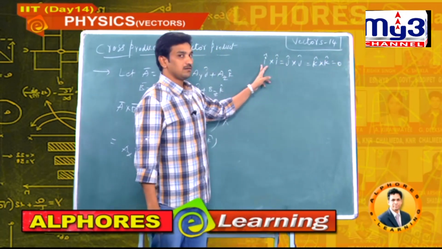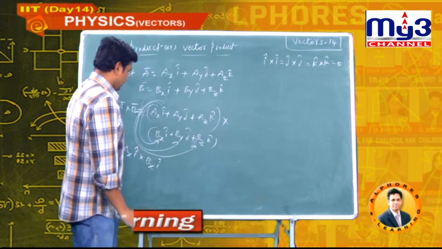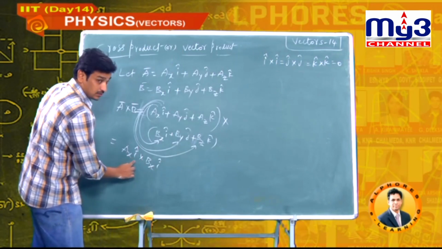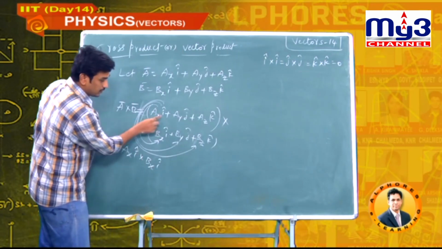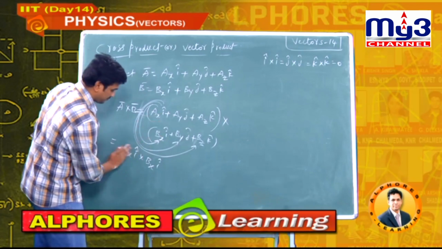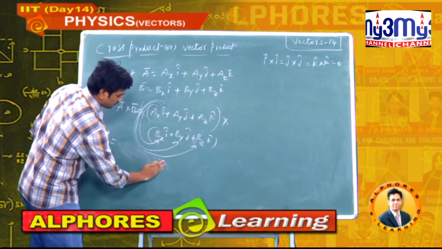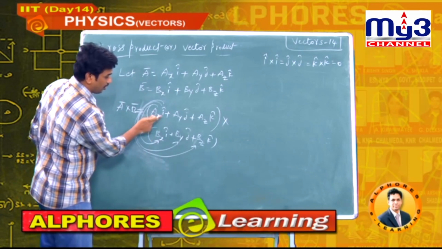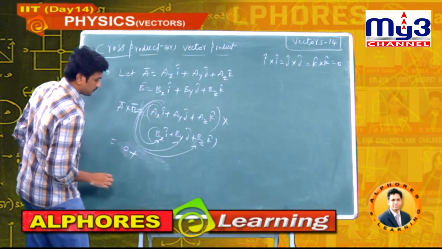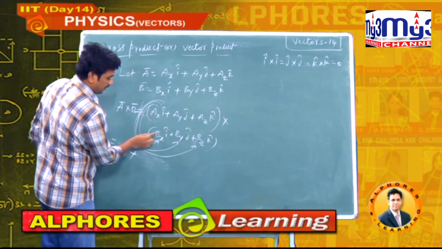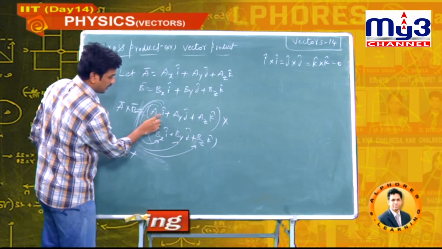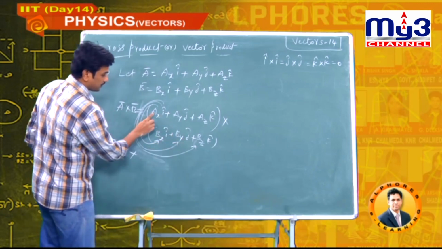Two equal vectors, cross product 0. So, i cross i is 0. Can I write directly? Here i cross i is 0, gone, first one gone. Now AX i cap, BY j cap.